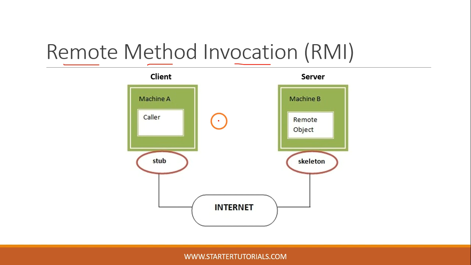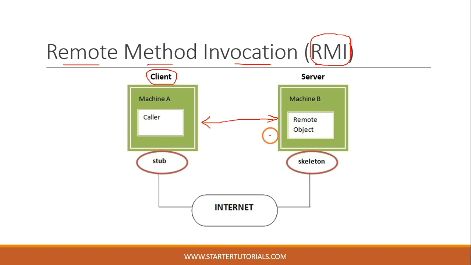So what is the use of remote method invocation? If you have a Java program on your system, let's say it is the client, your Java program can communicate with another Java program which is running on another system.